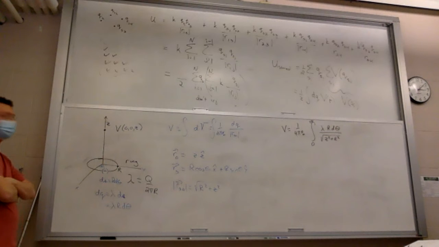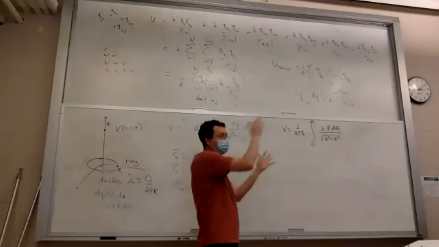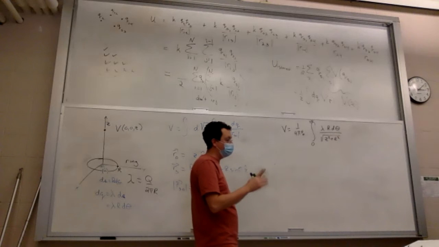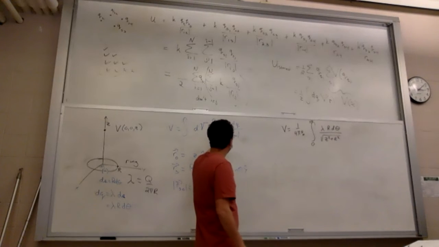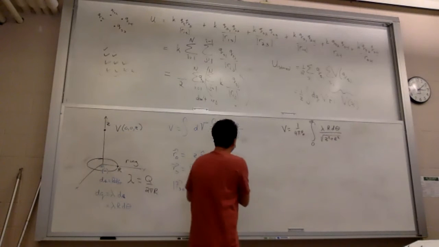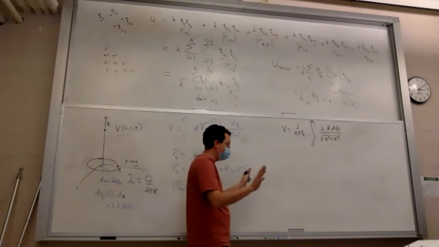Here's the thing. When you set these integrals up, step one is just write it down. Don't rearrange it. On the test, the people who didn't do well sometimes just wrote stuff down and then pulled things in and out of the integrals without being careful. You gotta be careful.